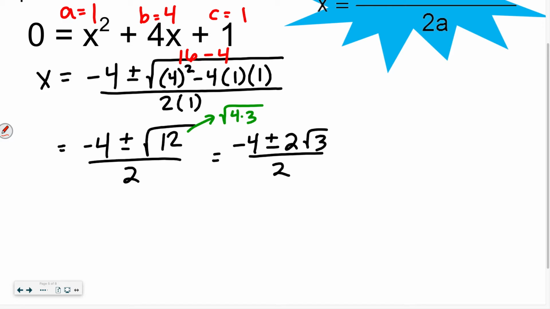Since negative 4, 2, and 2 are all outside of the radical, and they all share a common factor of 2, I can reduce each one by a factor of 2. So this will be negative 2 plus or minus, and then 2 over 2 will be 1, square root 3. I don't have to put over 1 because then it's just itself.